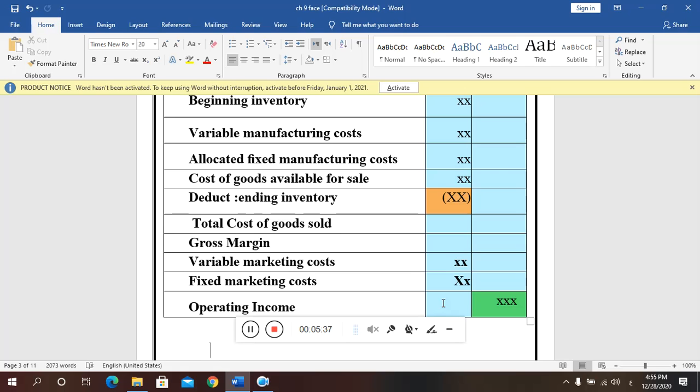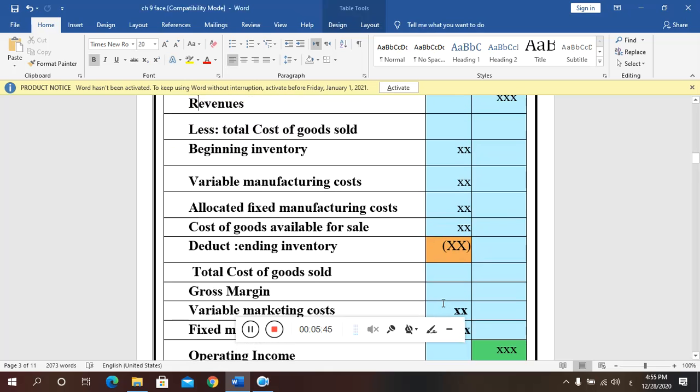And we can say also under the absorption method, the inventoriable costs are variable manufacturing costs and allocated fixed manufacturing costs, or we can say that the inventoriable costs are the total cost of goods sold.